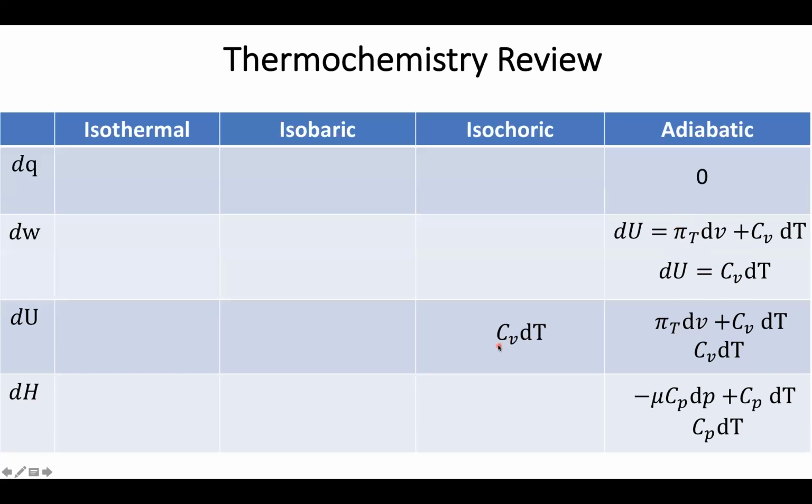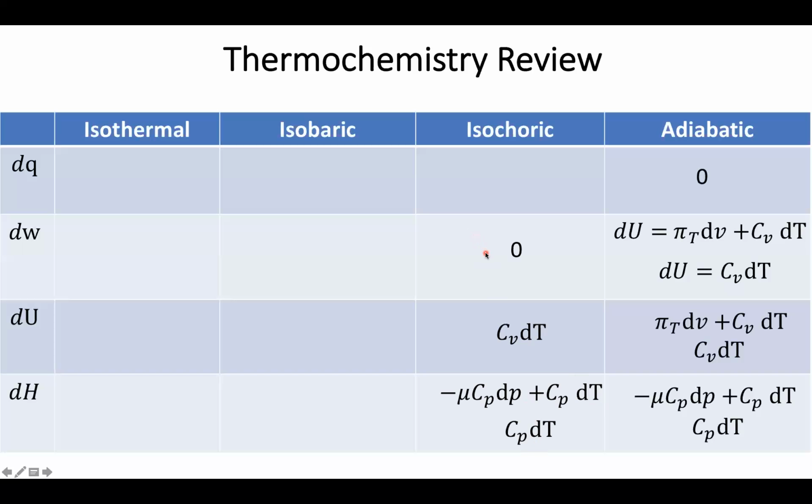So our internal energy is entirely due to any sort of changes in temperature. However, our enthalpy expression stays relatively fixed, whether it's under non-ideal or ideal scenarios. However, because work is equal to negative PdV and our dV is zero, we also get a very simple expression for work. Gotta love it when that happens.